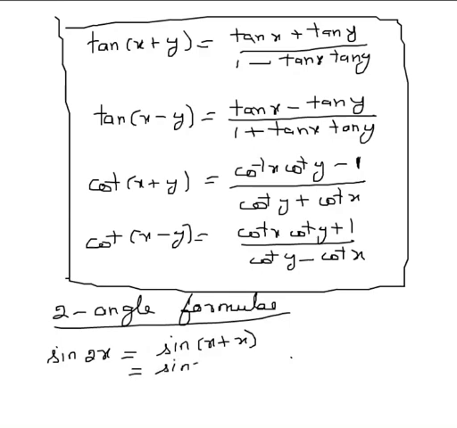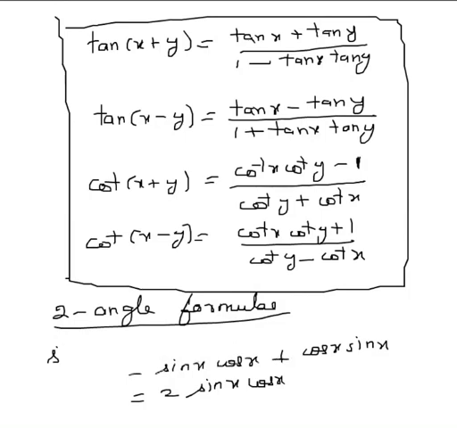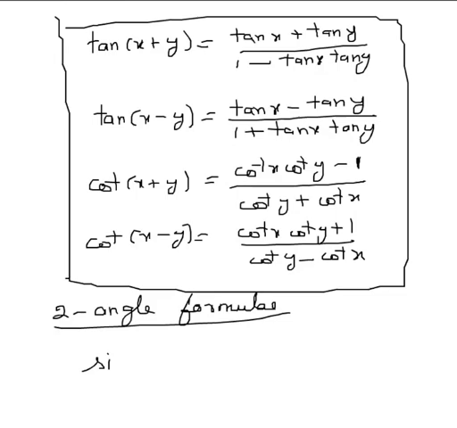It becomes sine x cos x plus cos x sin x, which becomes 2 times the same terms, 2 sin x cos x. So the sine 2x formula, I will write the direct formula now: sine of 2x becomes 2 sin x cos x.